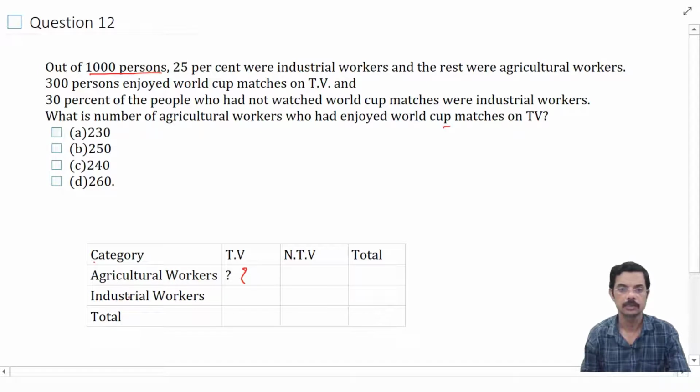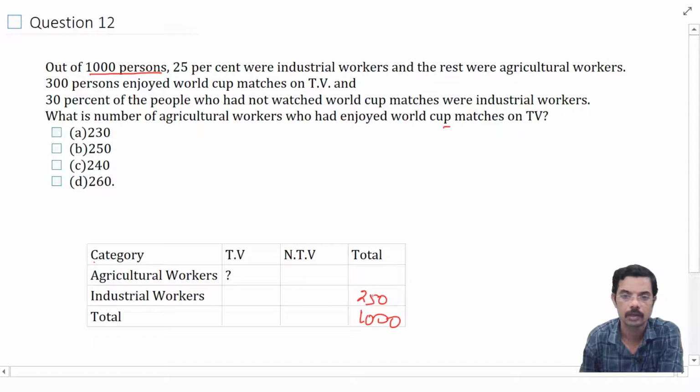Now let us read what is given. Out of 1000 persons, 1000 is the total number of people. Now 25% were industrial workers. 25% of 1000 is 250. Now what is the remaining? It will be 750, correct?